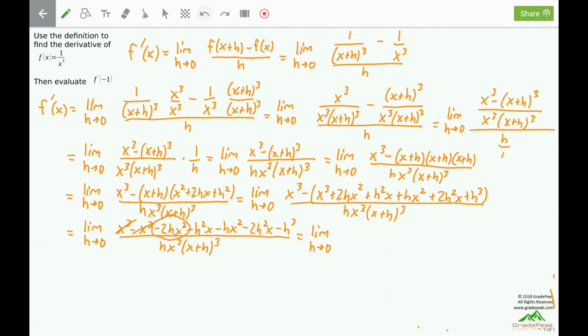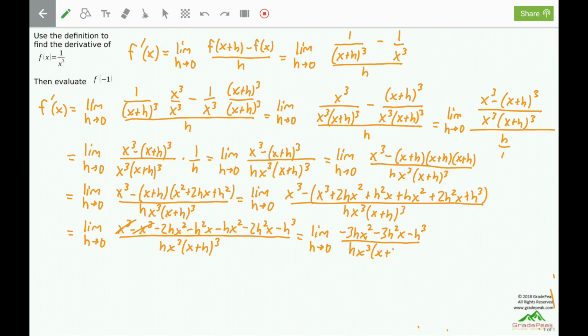A negative 2 and a negative 1 will give us a negative 3hx squared. I have two h squared x terms here and here. A negative 1 and a negative 2 will give us a negative 3. And then I have one h cubed term, so I will just bring that along.